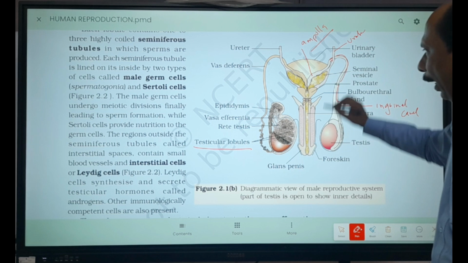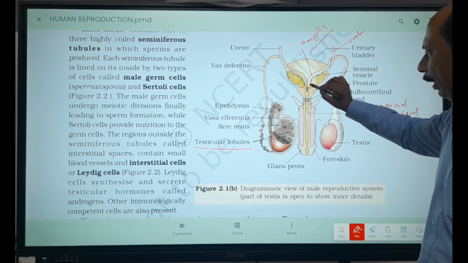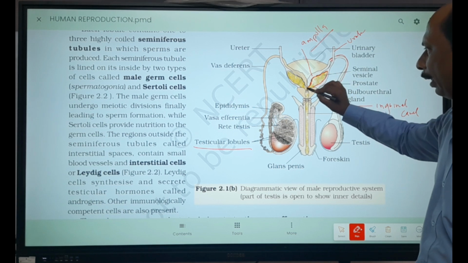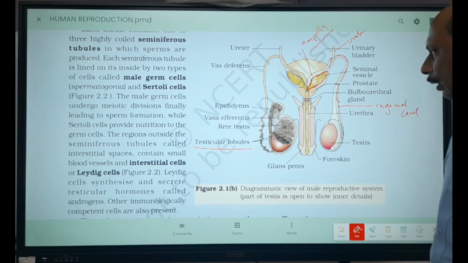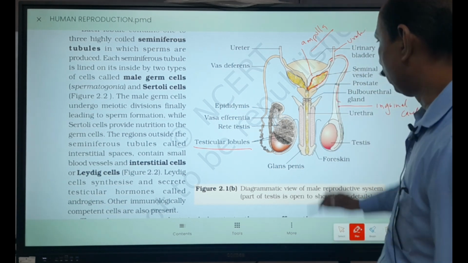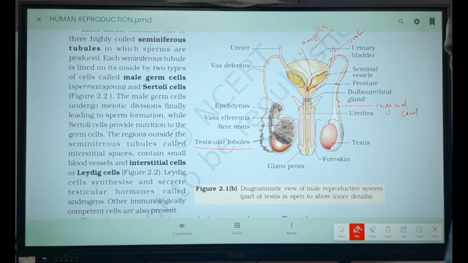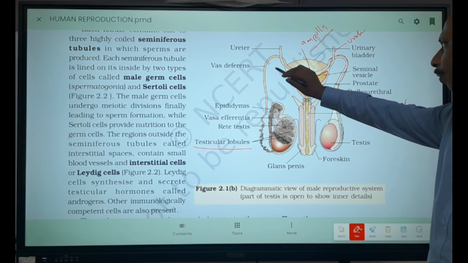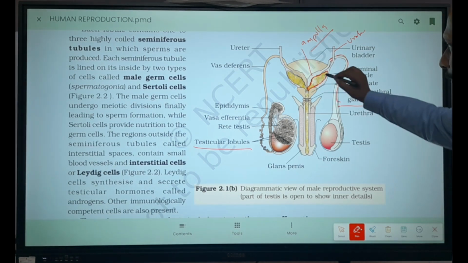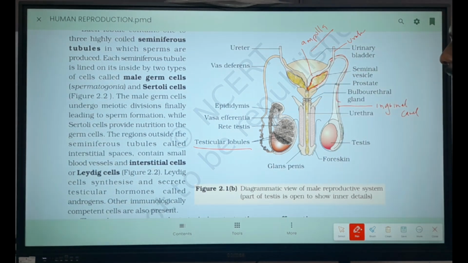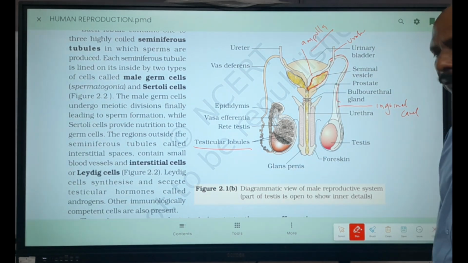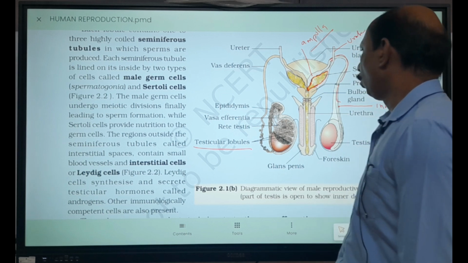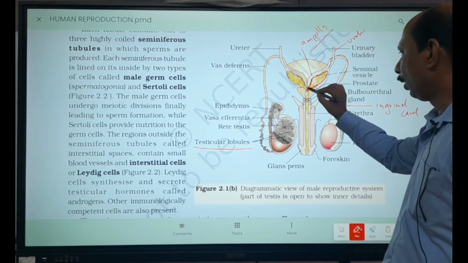Ampulla, right. And here a paired gland is present on both sides, and it also opens into the ampullary region of the vas deferens, right. The seminal vesicle duct also opens into the ampullary region of the vas deferens, and they both form the ejaculatory duct, where they meet.